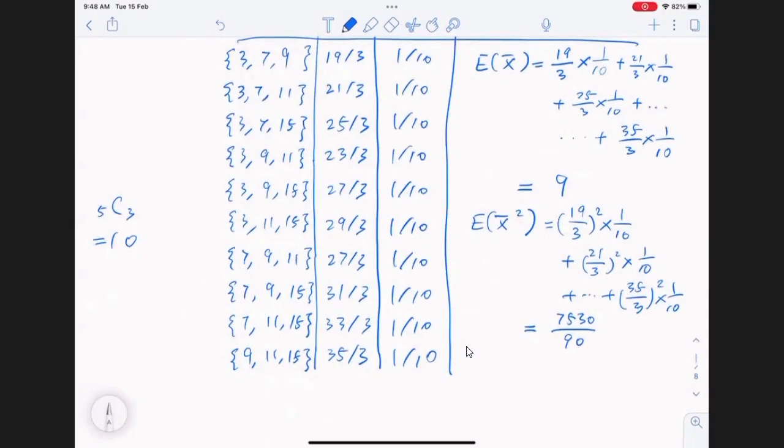So the variance of the sample mean will be equal to the expectation of the square of the sample mean minus the square of the expectation of the sample mean. This is the formula for finding the variance.